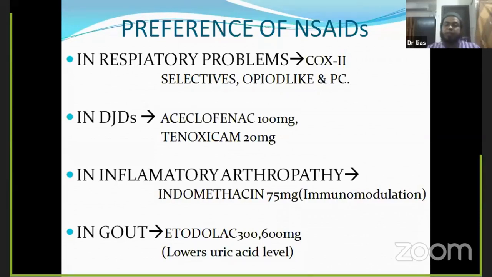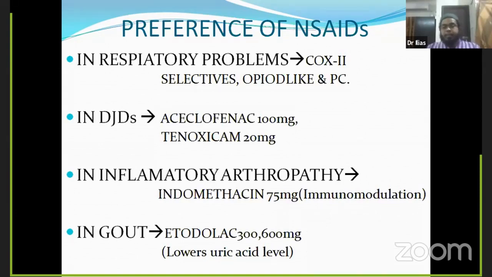So those who are having the osteoarthritis where the cartilage destruction is there, if we prescribe the other NSAIDs like the etoricoxib or the indomethacin or the naproxen, these NSAIDs can be helpful in reducing down the pain. But if we prescribe the aceclofenac, definitely this will also reduce down the pain along with the regeneration of the cartilage due to the stimulatory effect on the cartilage synthesizing enzyme. I think it is clear to you.